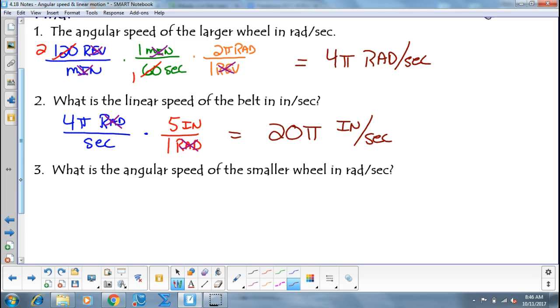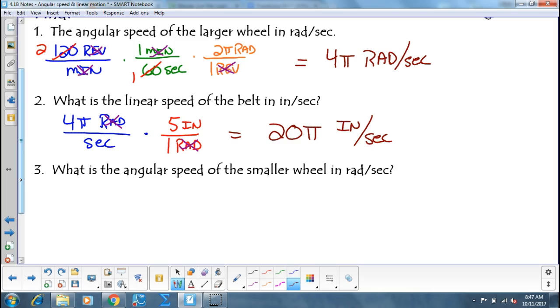Logic tells me that if the bigger wheel is spinning at 4 pi radians per second, and they're connected by a belt, is the smaller wheel going to be spinning faster or slower than the bigger one? Faster. Got to be going faster, because remember that belt is traveling at a constant 20 pi inches per second.